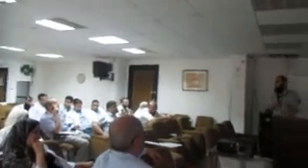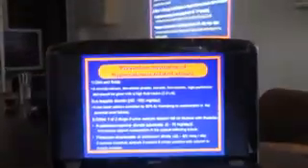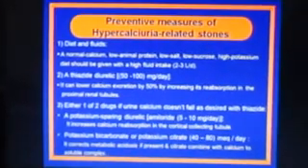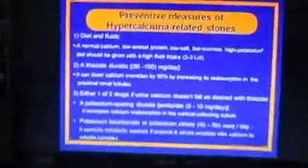A dietary calcium content is protective against stones. Even the hypercalcemic patient: if hypercalcemic, I will decrease the calcium content in the diet. Thiazide diuretic from 50 to 100 milligram per day. It can lower calcium excretion by 50% by increasing its reabsorption in the proximal renal tubule.